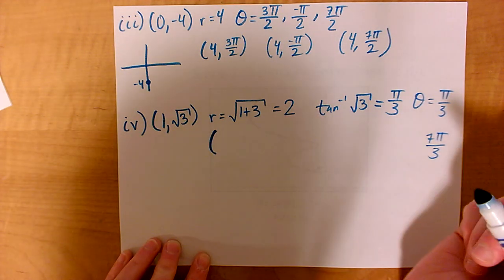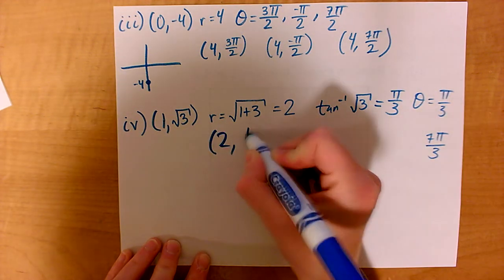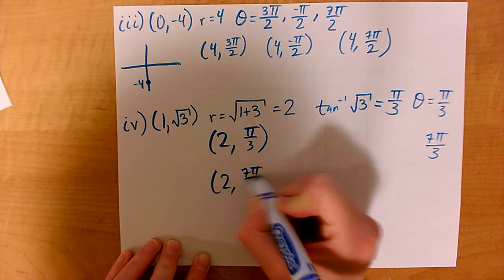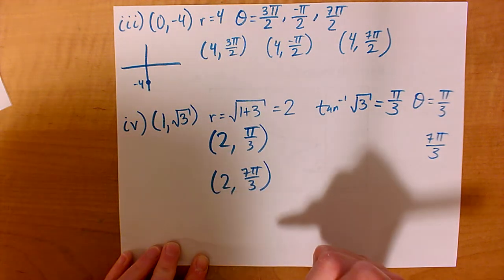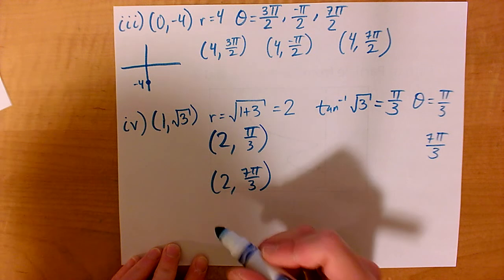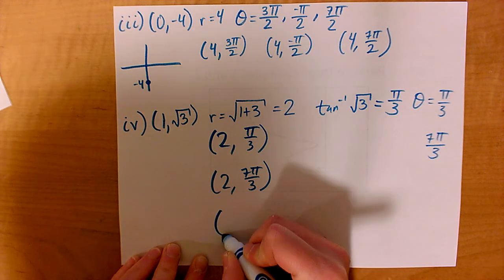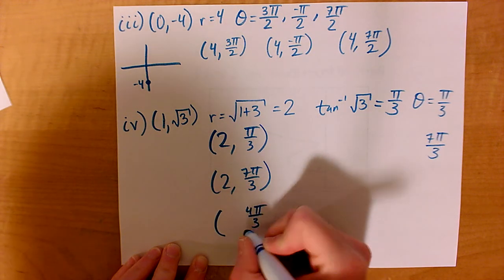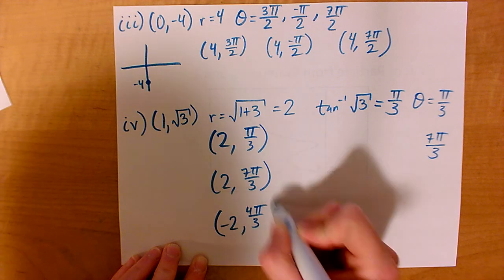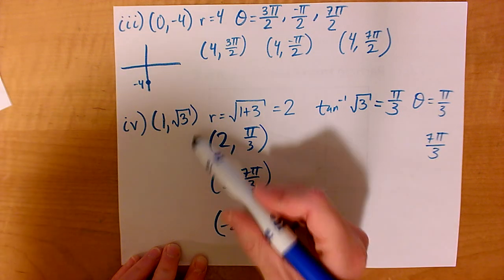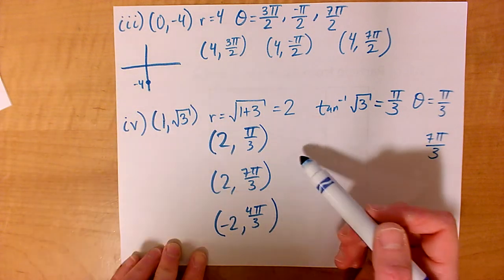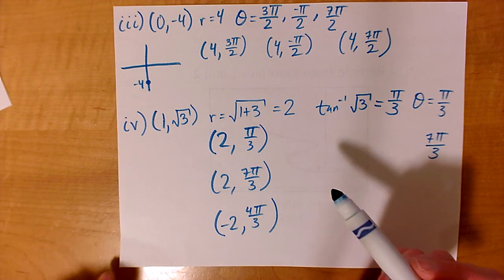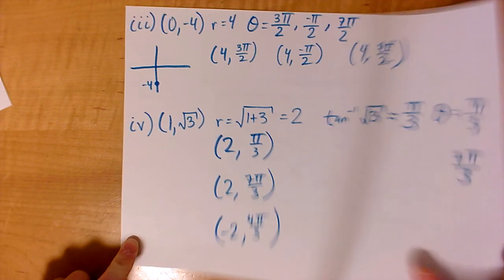So some points that you could have could be 2 comma pi over 3, 2 comma 7 pi over 3, or if you wanted to do a negative distance, the opposite angle of pi over 3 would be 4 pi over 3, and then the negative directed distance there would be negative 2. Okay, so these are all possible polar points that could equal those rectangular points that were given.